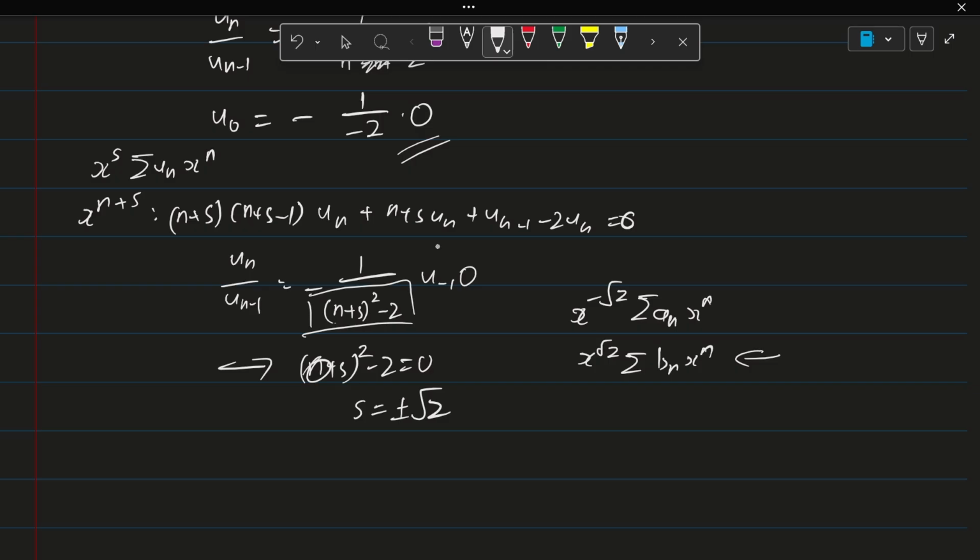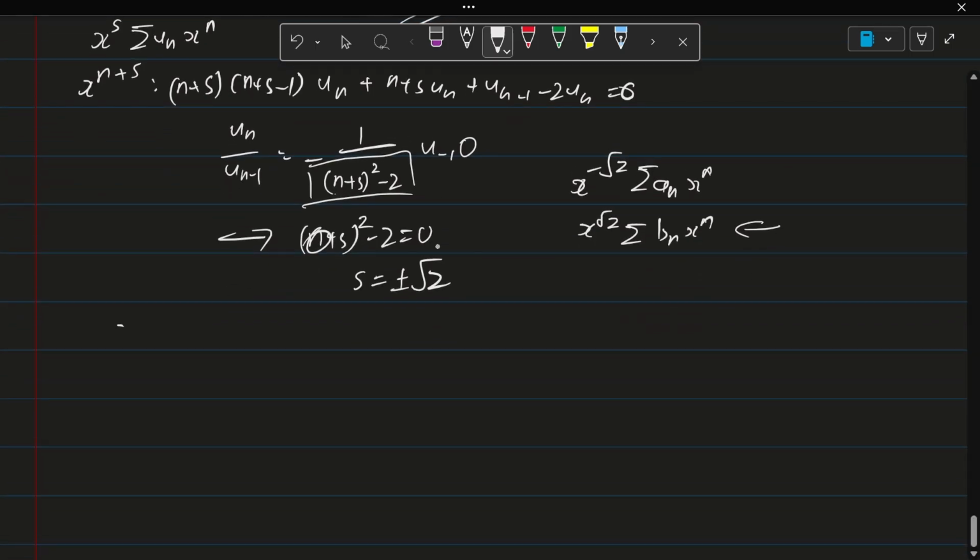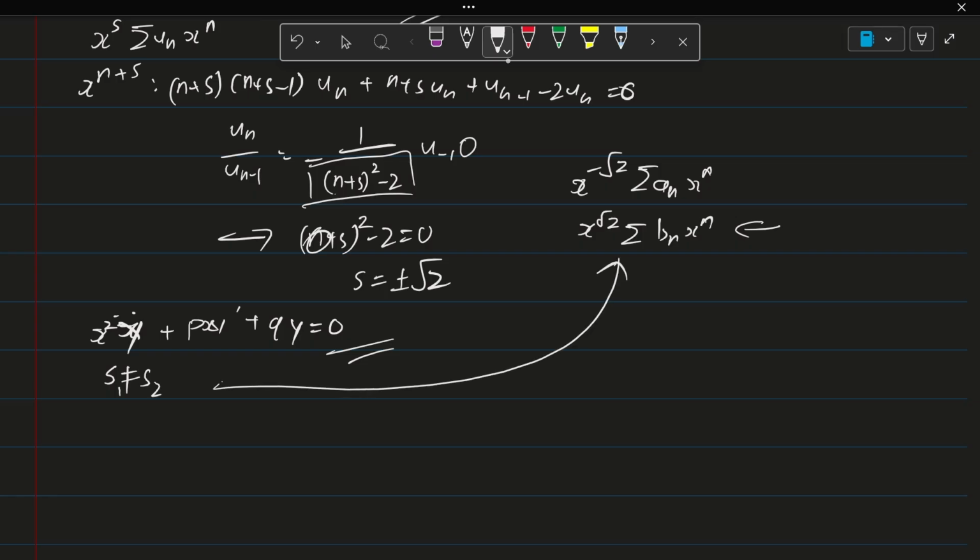It turns out that if you solve a second order differential equation, let's say y double dot plus p y dot plus q y equals 0, technically written in this form because this is where the singularity normally comes in, then if s1 is not equal to s2, you could just simply do this, and the sum is the solution.